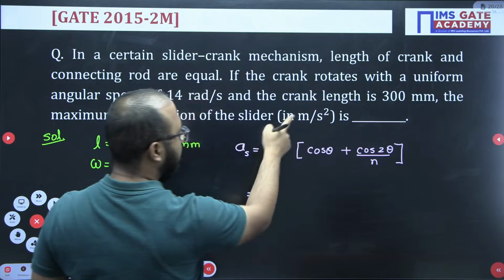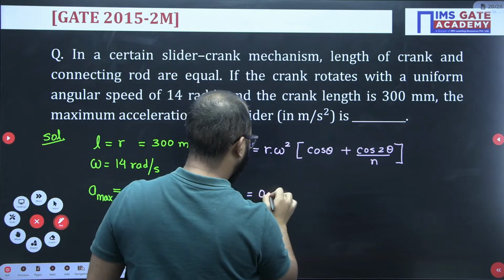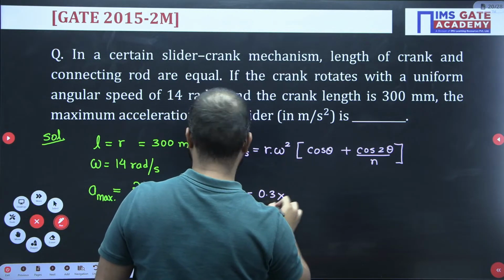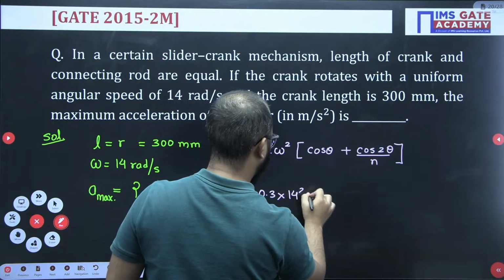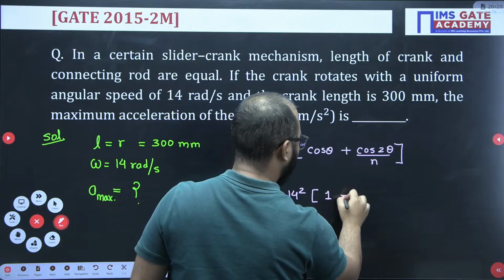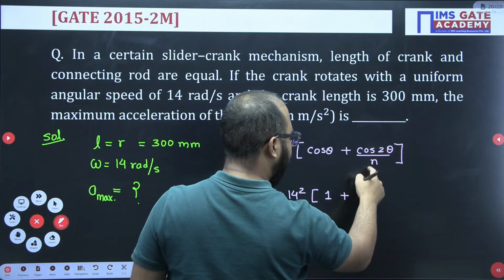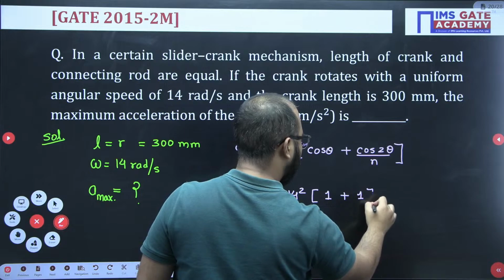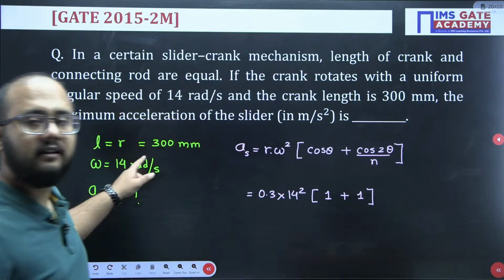R value, crank length, 0.3 into omega square. Omega square is 14 square. Now cos theta value is 1, cos 2 theta value is again 1, and n value is also 1 because L and R are equal.